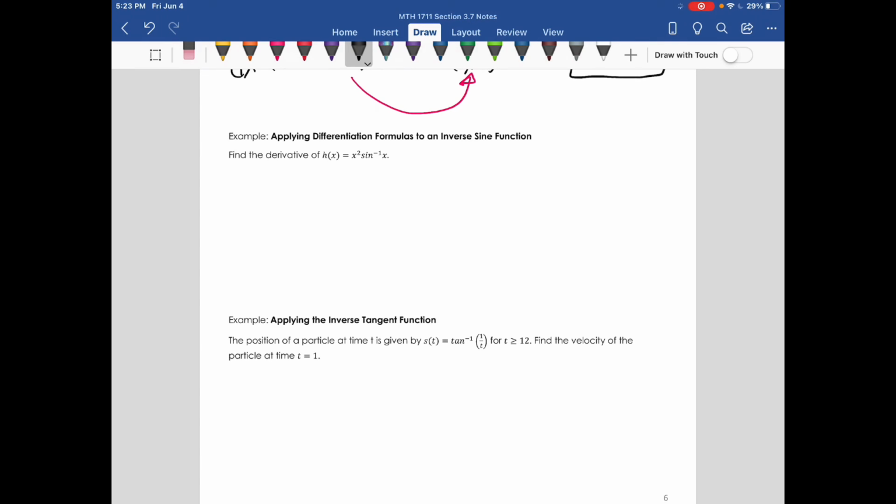The next example, we're going to use the product rule with an inverse trig function. So I have two functions multiplied together to form h of x. So I'm going to call f of x x squared, and then g of x is going to be inverse sine x.